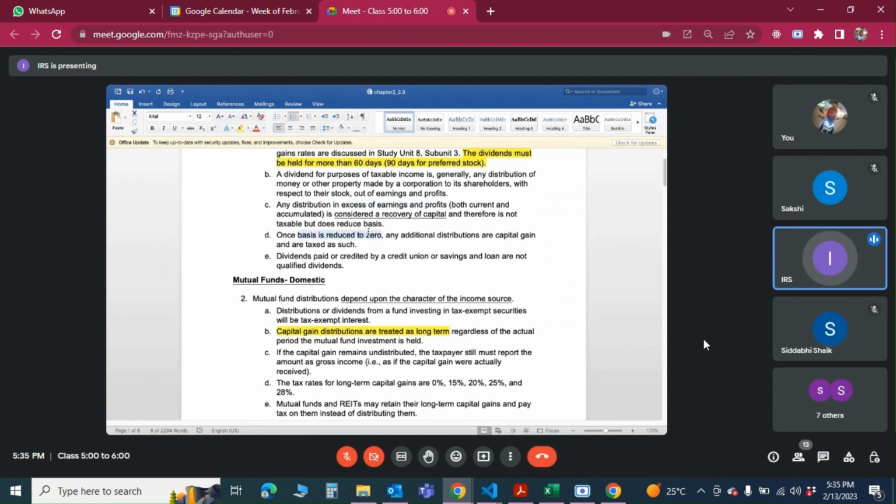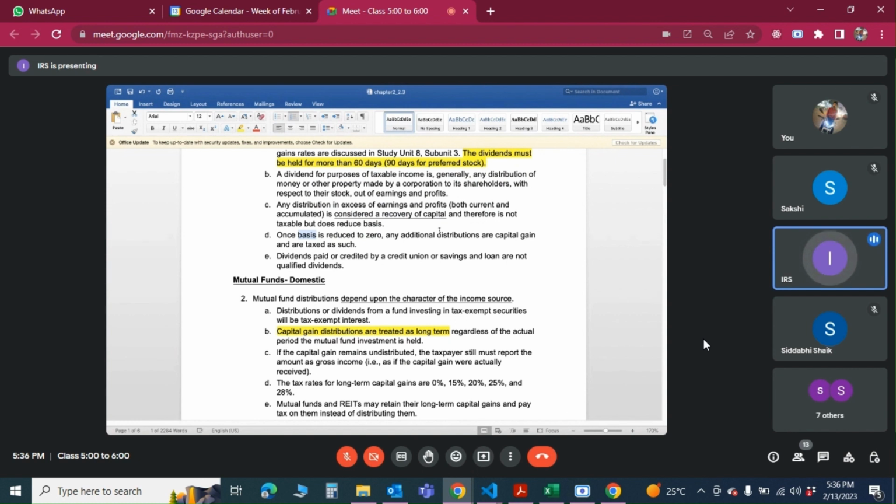So once basis is reduced to zero, okay, if basis is reduced, what does basis mean? We'll see this word quite often. Every time we read about this, what is the basis for this asset, basis for that asset? That just means cost basis: what is the original investment amount that has been put in?